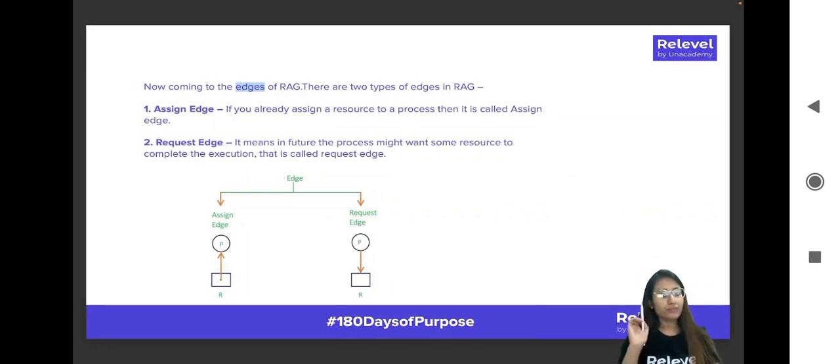A resource is always assigned to a process if the tail of the arrow is attached to the instance of the resource. Whereas a process is in waiting state for a resource if the tail of the arrow is attached to the process, where the head is towards the resource.